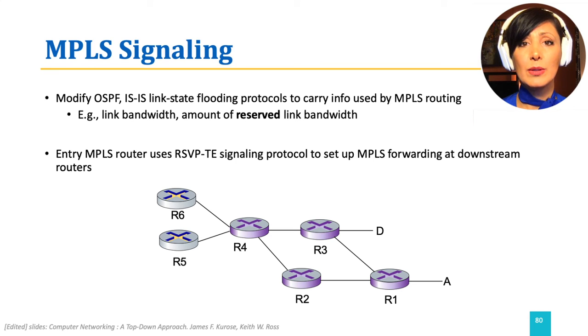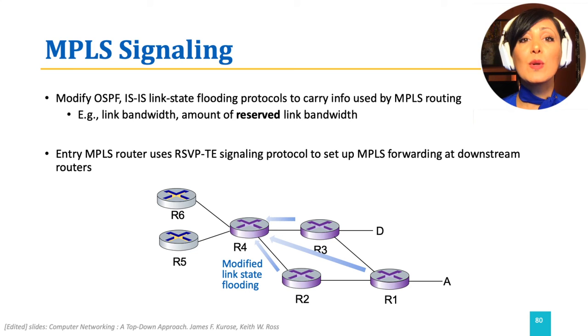For example, routers R1, R3, and R2 can let other MPLS-enabled routers know about their available bandwidth. Namely, if R4 wants to route something to A using MPLS, at the first step, it needs to be informed by R1, R2, and R3 about the reachability and available link bandwidths on the path to A. In addition, protocols like RSVP-TE signaling could be used to set up the MPLS forwarding.